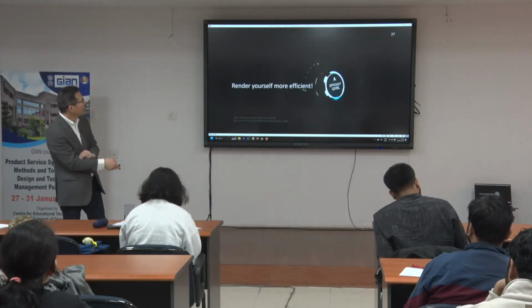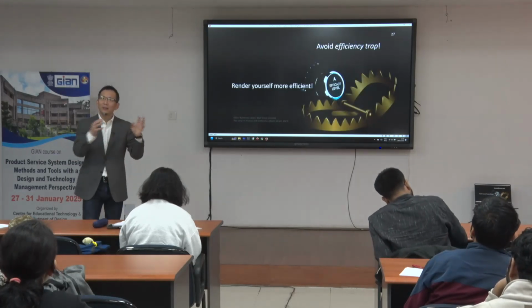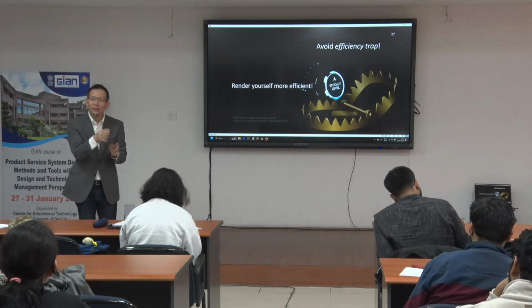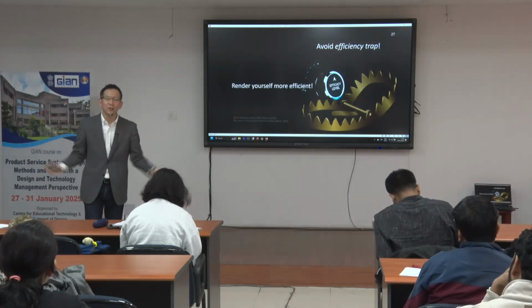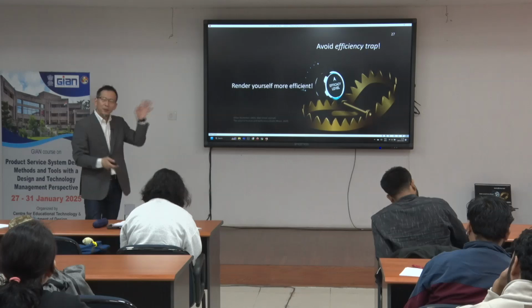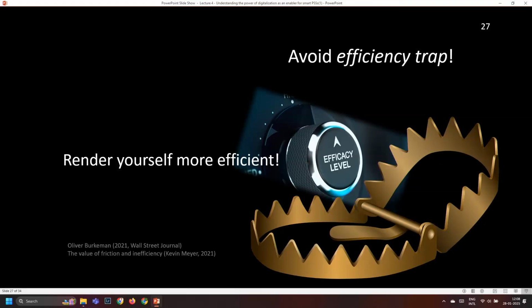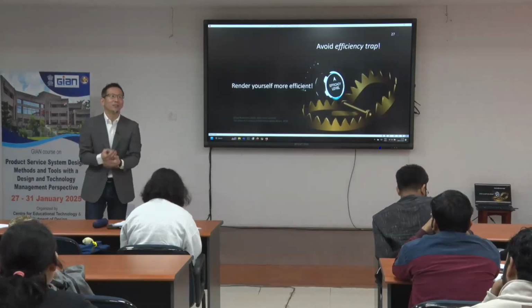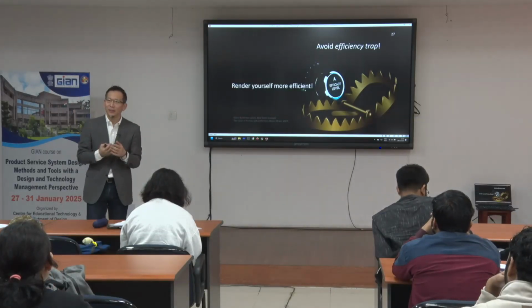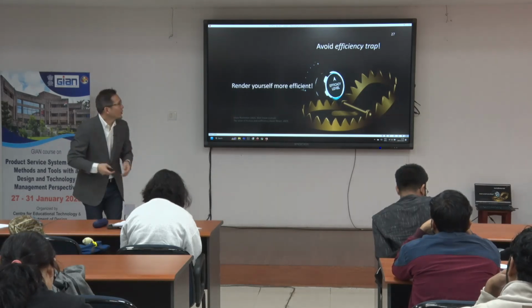But when you apply this thinking to each single element of the process and system that you are in, typically you have a risk of getting trapped into, let's say, an efficiency trap, meaning that even if you realize this improvement of efficiency of each single step, you may not reach a better system or better improvement if you look at the system as a whole.